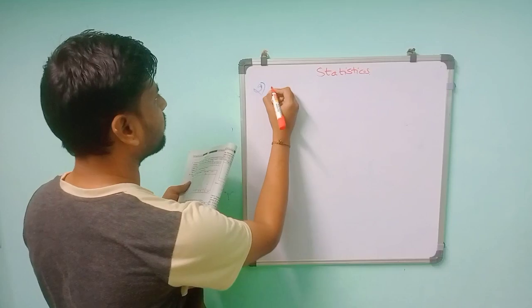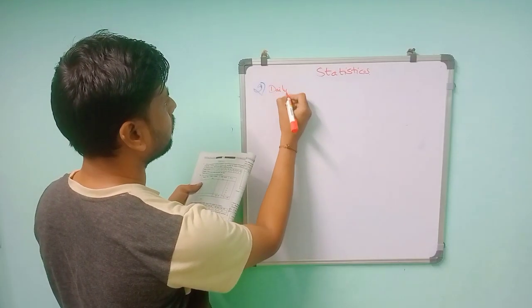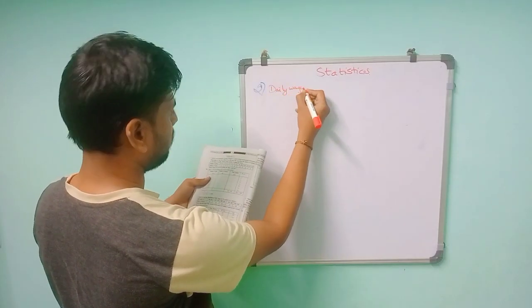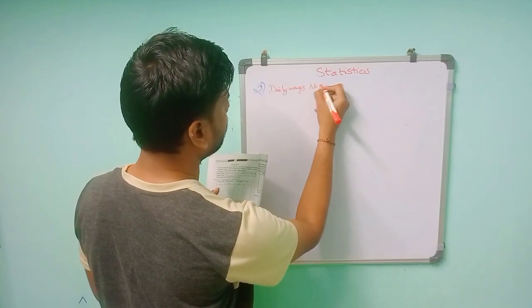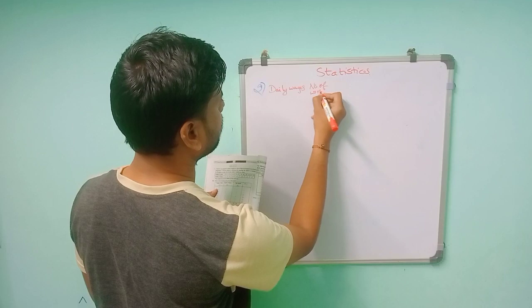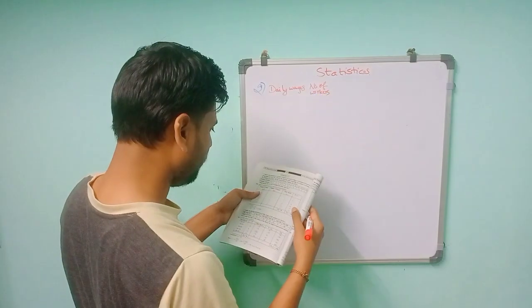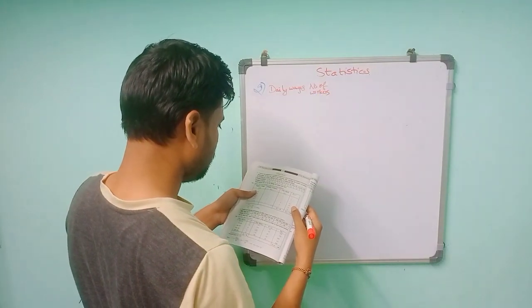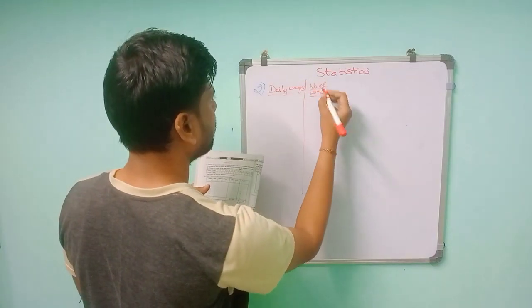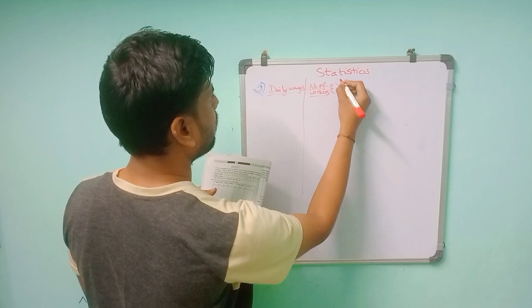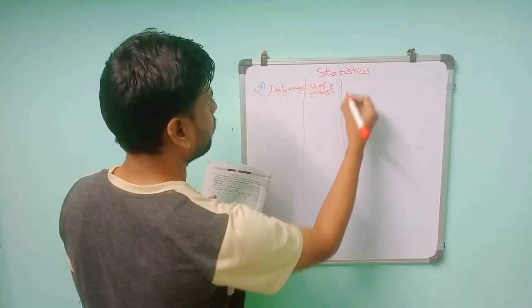So daily wages, this is daily wages. Then number of workers. If you write these values, daily wages and number of workers, this is F. HI we have to write.